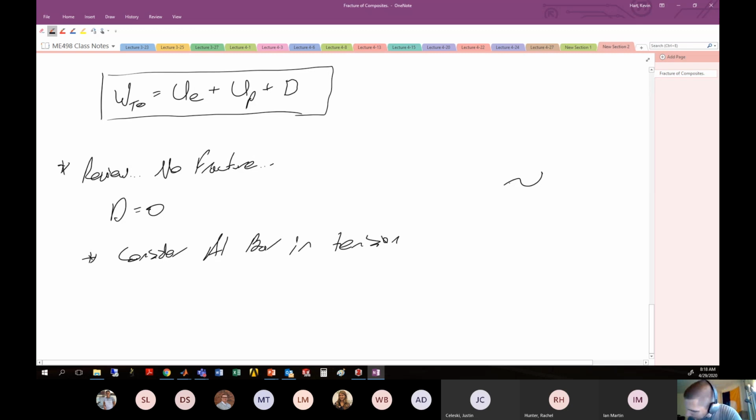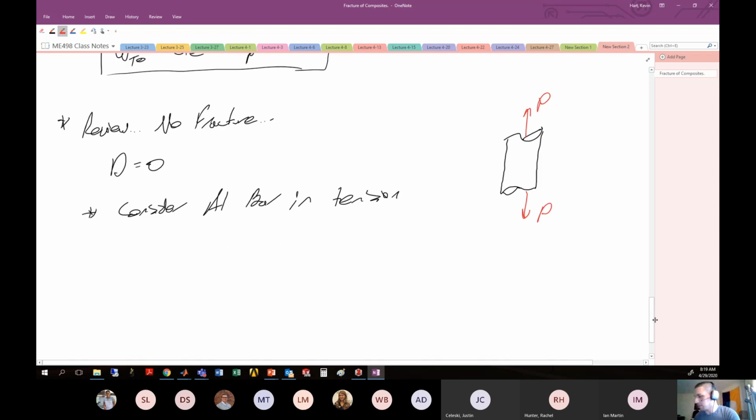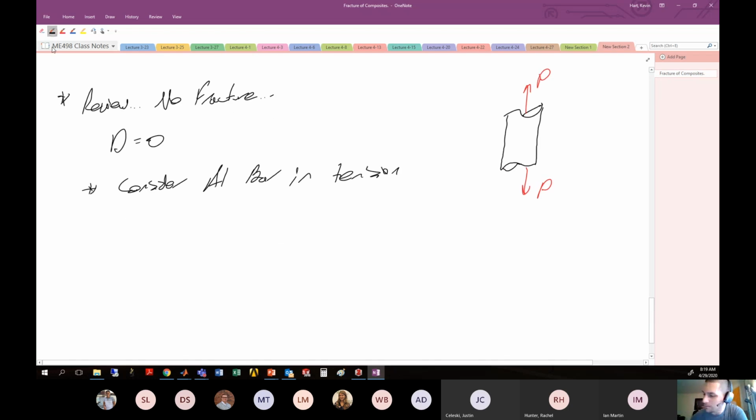That might be this guy here, and we're loading this guy in pure tension as such. So here we have load that's generated equal in both directions, and let's track how the load displacement of this might look over time.